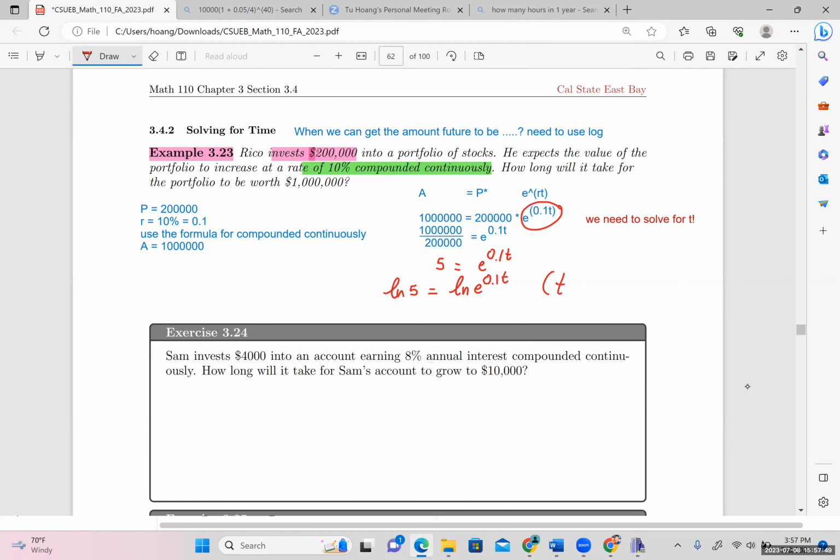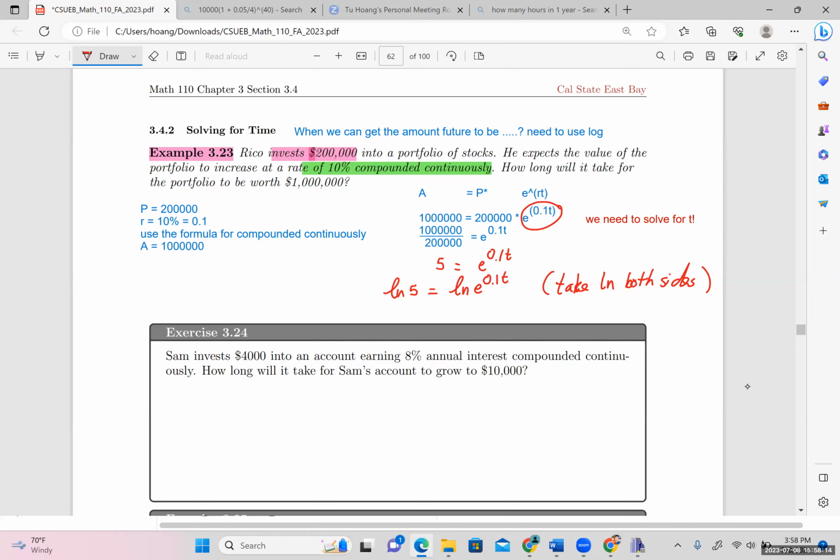Right, take the natural log of both sides. And keep in mind that if you use log base 10, that works too, but I like to use natural log because I see the e there, and that helps, right?